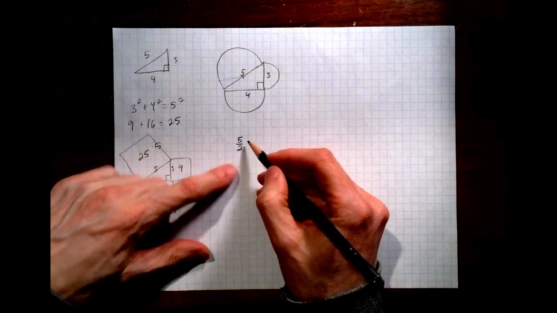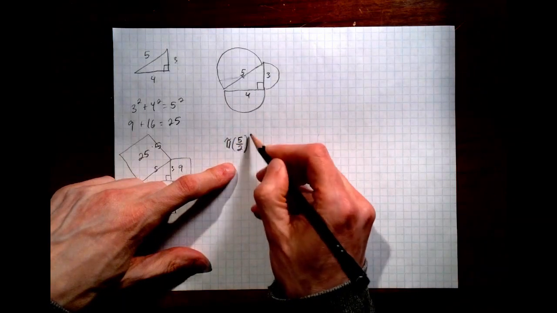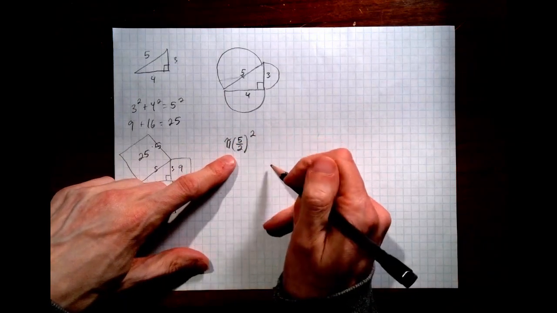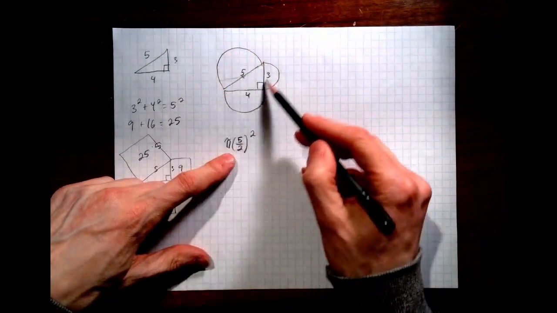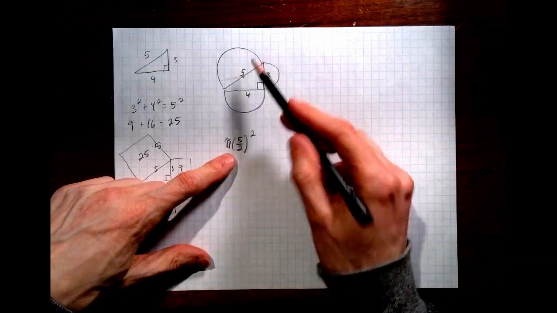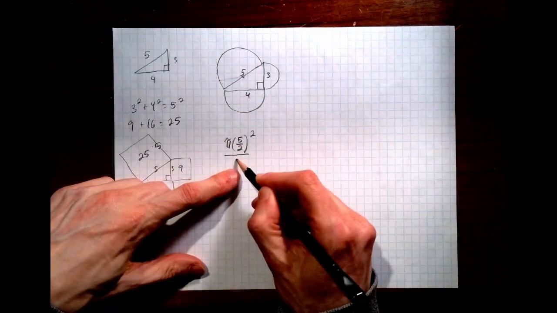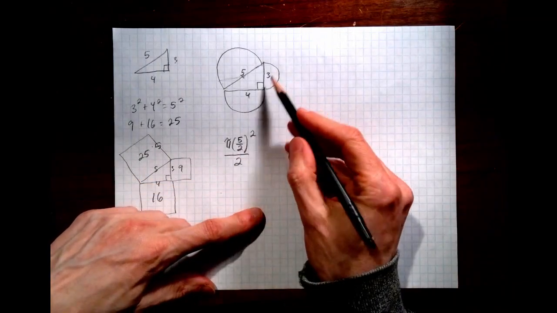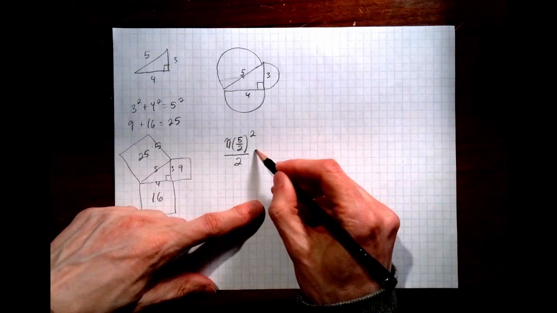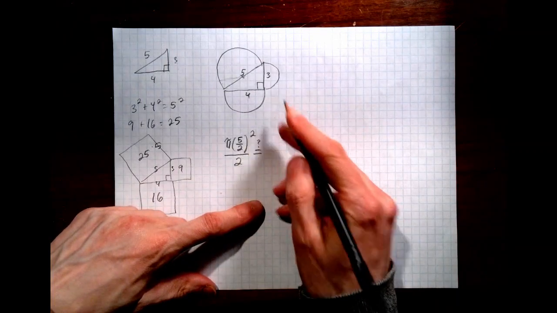So that we're going to have something like this. Pi times that squared. That'll give us the area of the whole thing. But because it's only half of a circle, we'll do that. And then I've got to check if it's going to equal, with a little question mark, these other ones.